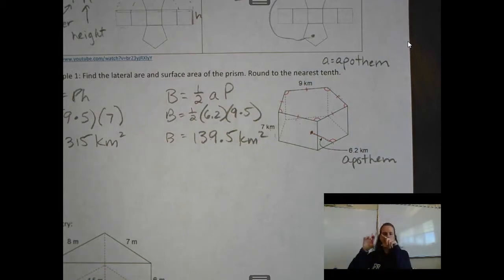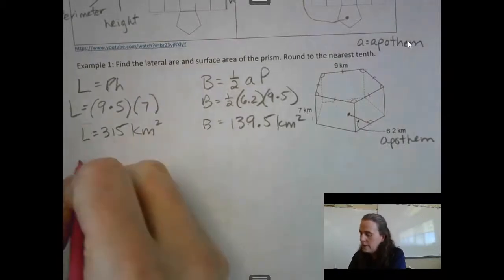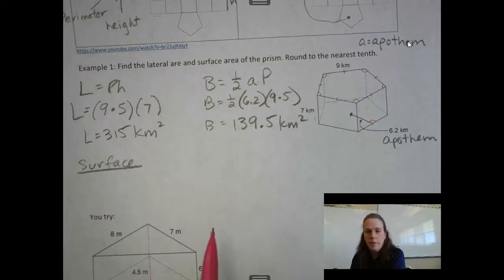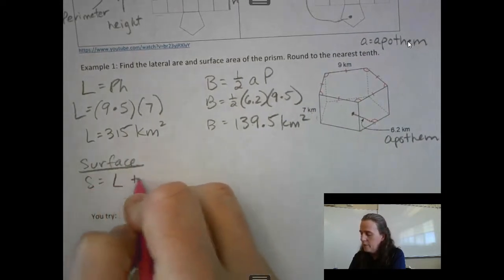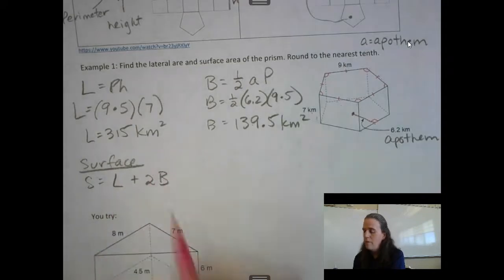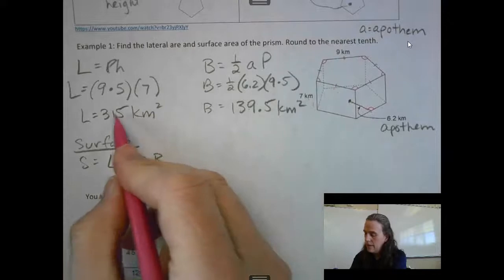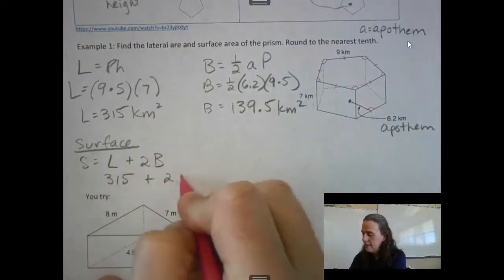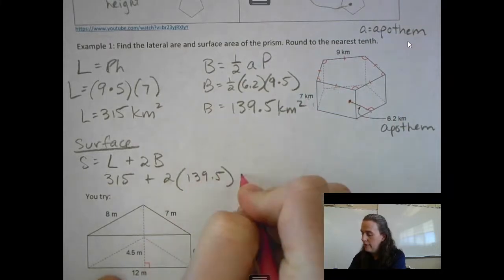Okay, so we know the area of the top and the bottom, the bases, and we know the area around the sides, the lateral area. Now let's do the surface area. And remember what we said you have to do. Surface area equals the lateral area plus 2 of the bases. So we'll put those numbers in there. Our lateral area, we said it was 315, and our base is 139.5.